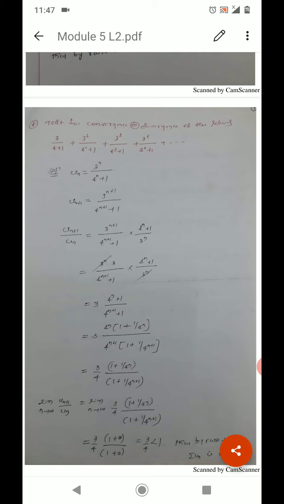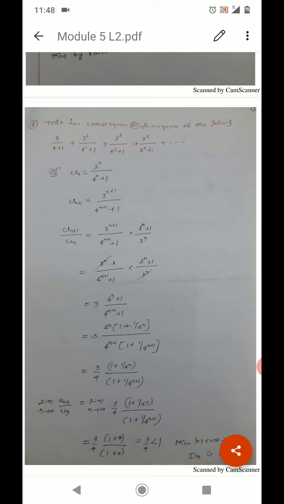So we have 3 into (4 power n plus 1) divided by (4 power n+1 plus 1). From the numerator we take 4 power n outside, so that will become 4 power n of (1 + 1/4 power n). From the denominator we take 4 power n+1 outside. Then the denominator becomes 4 power n+1 of (1 + 1/4 power n+1).